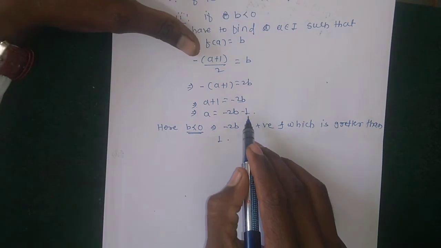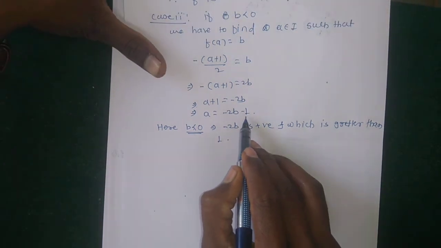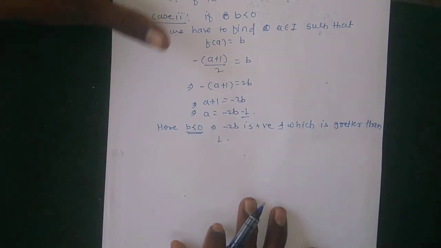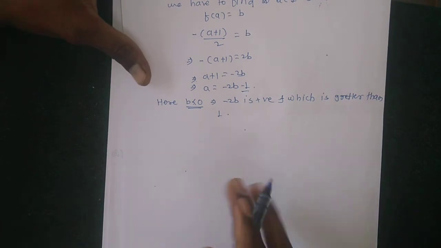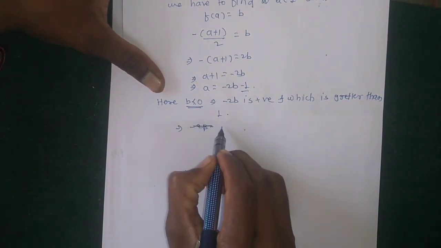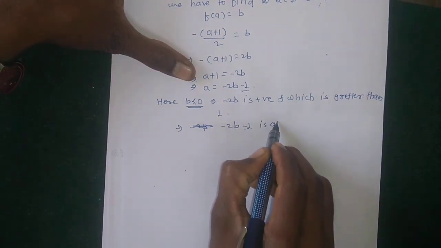So -2b is positive, and subtracting 1 from -2b, the value is also positive. Which implies that -2b minus 1 is also positive.